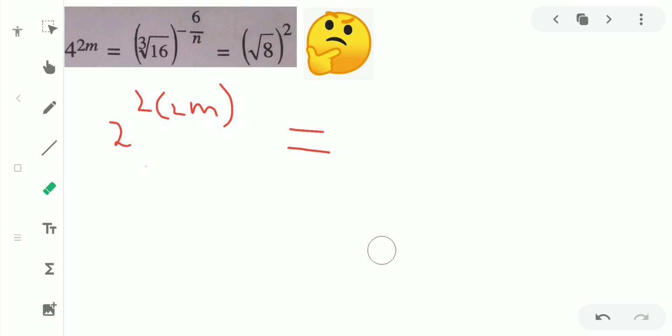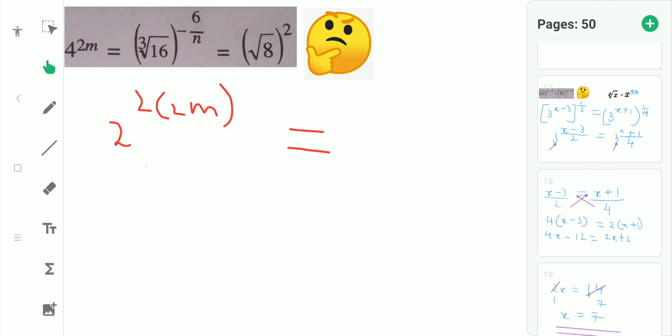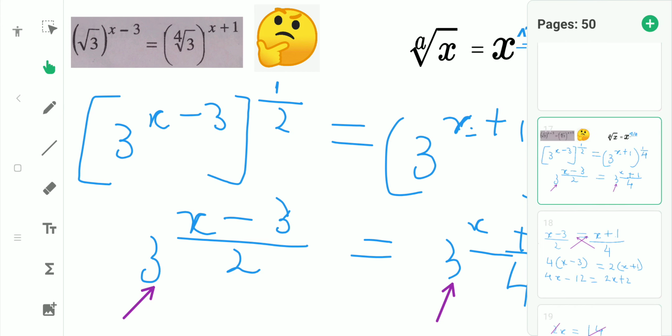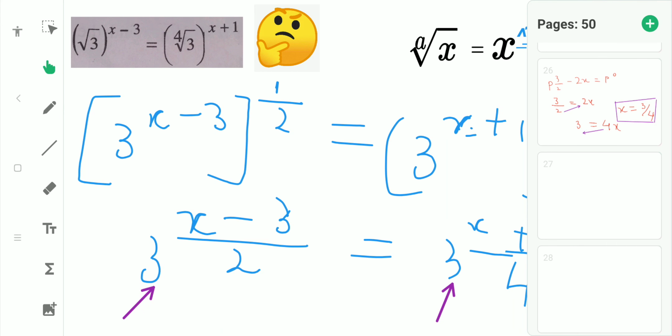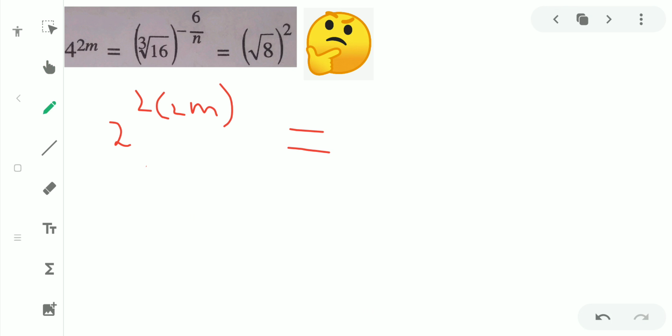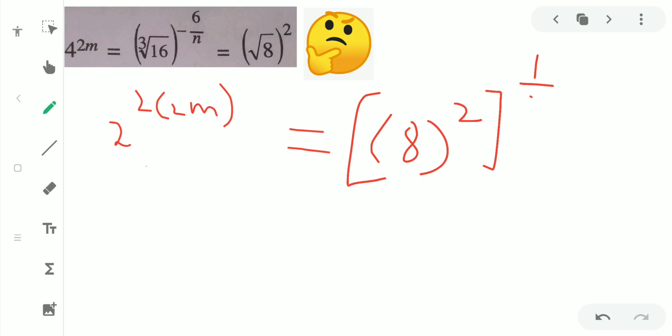So now let us solve in the method which I said, that is a power x is equal to x power 1 by a. So I will get 8 power 2, whole power 1 by 2.